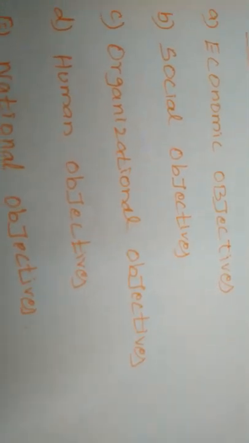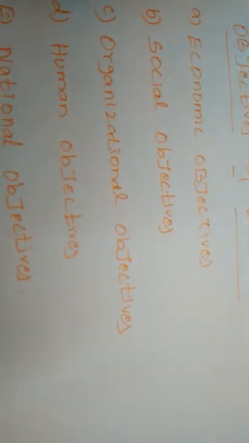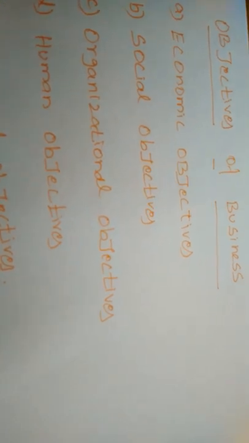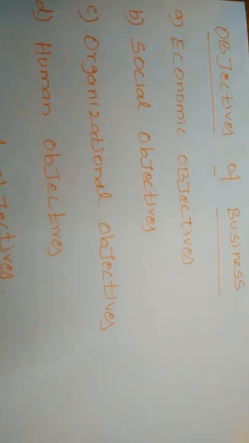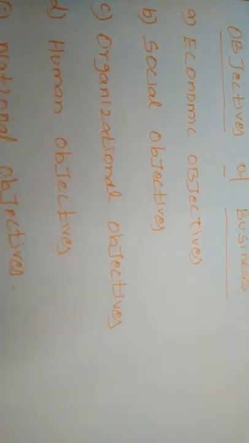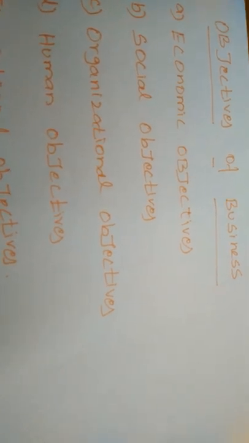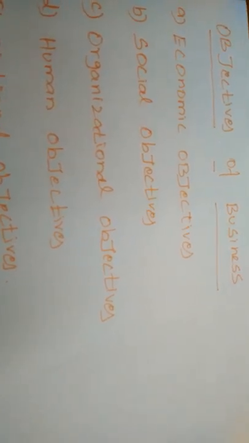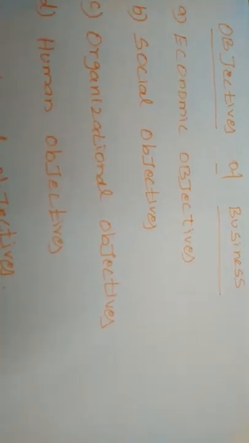Earning profit is one of the economic objectives, because without earning profit, no business organization can run continuously in the future. The organizations that have more profit will survive continuously in the future business world.